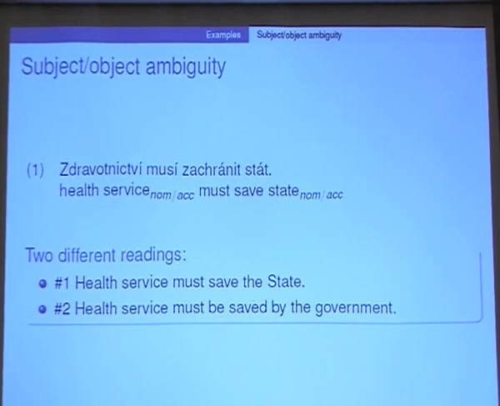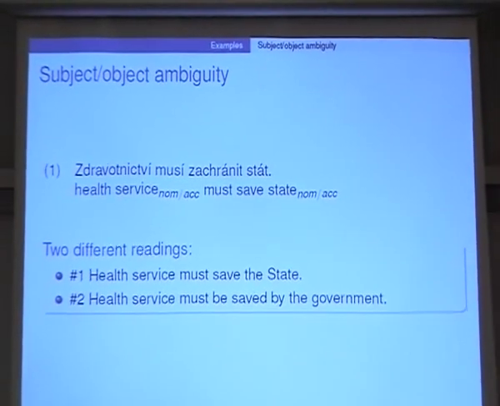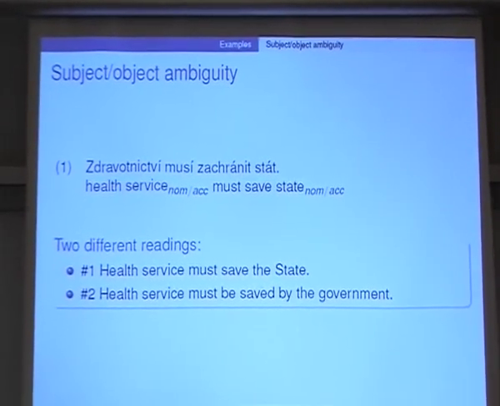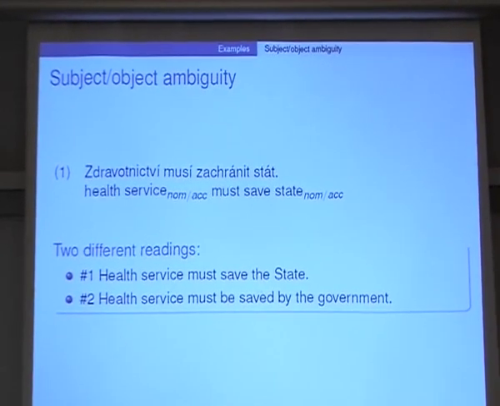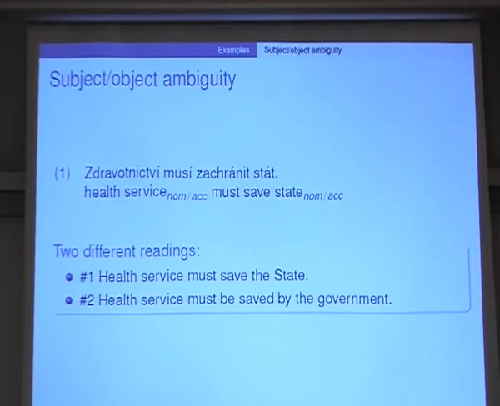In our project, we would like to also capture subject-object ambiguity. This is a classical type of ambiguity in Czech. Zdravotnictví musí zachránit stát. There are at least two readings of this sentence, two different readings. The first one, health service must save the state. Health service is actor. The second, health service must be saved by the government.